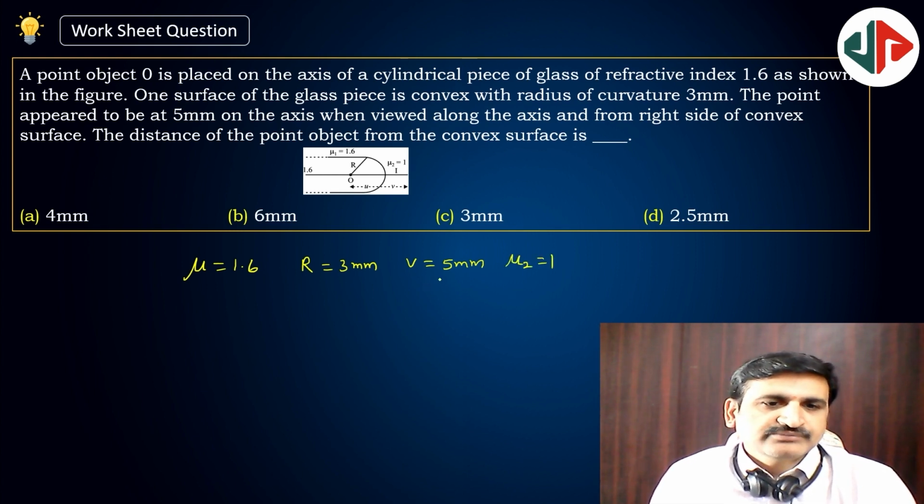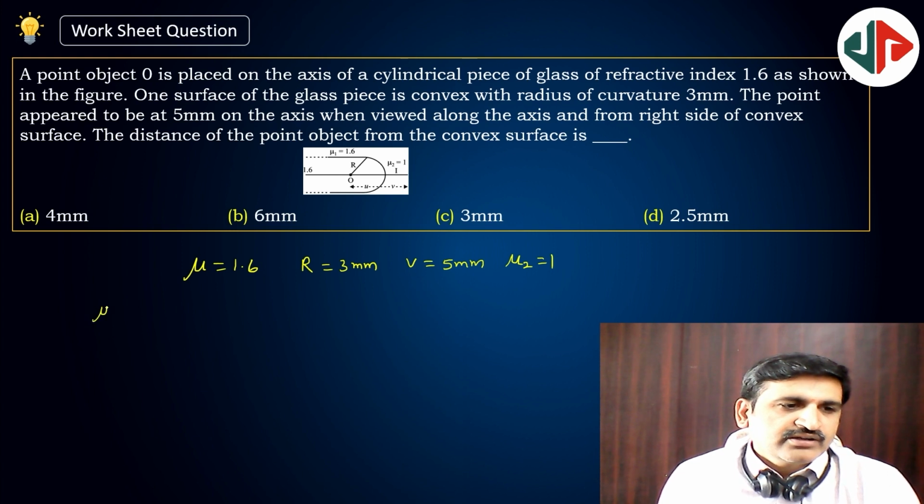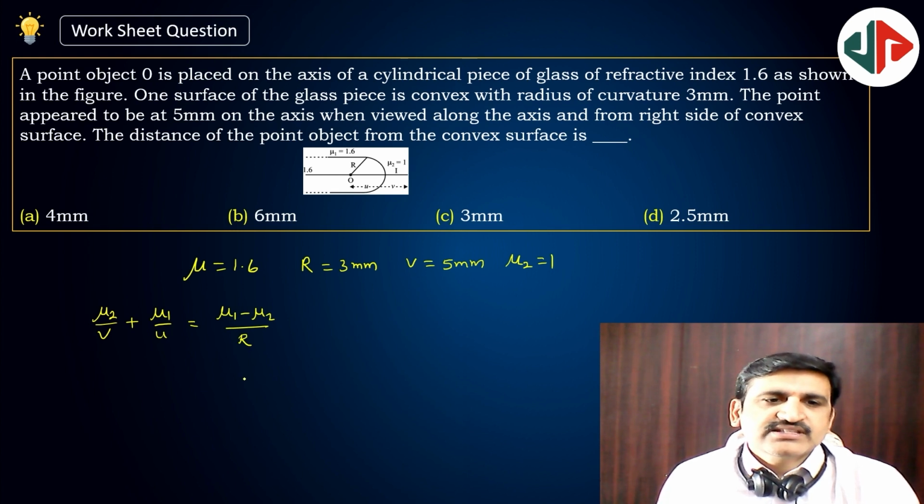Okay, fine. So we have the formula mu2 by v plus mu1 by u is equal to mu1 minus mu2 by r, and the r value negative we have to substitute in this case.